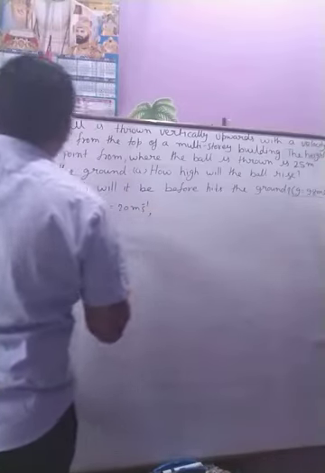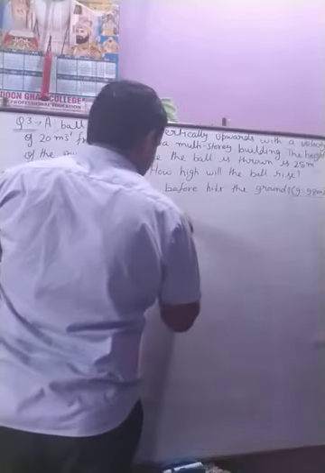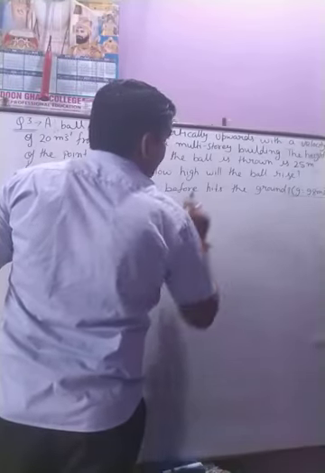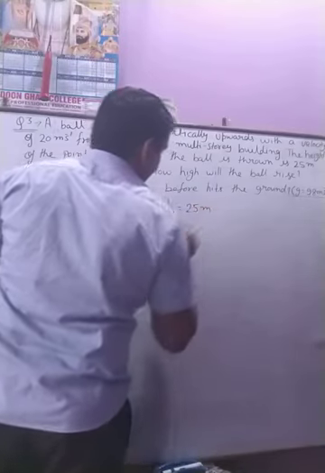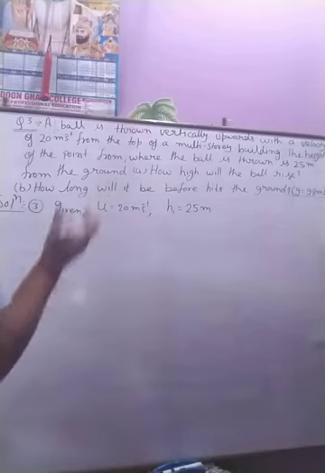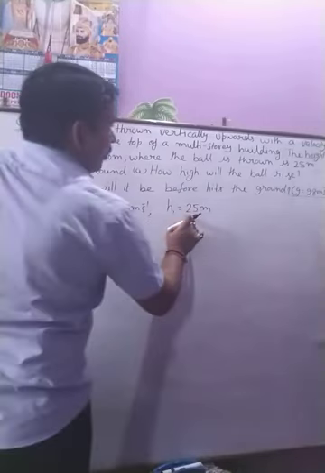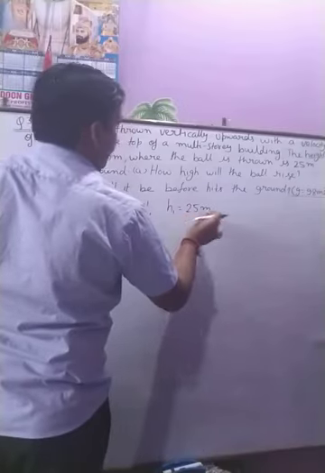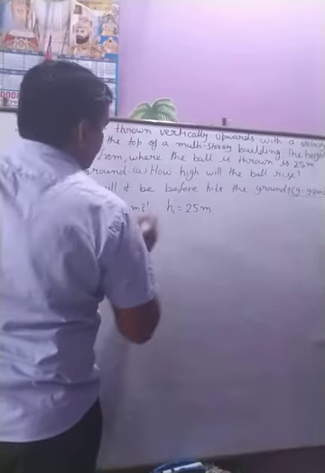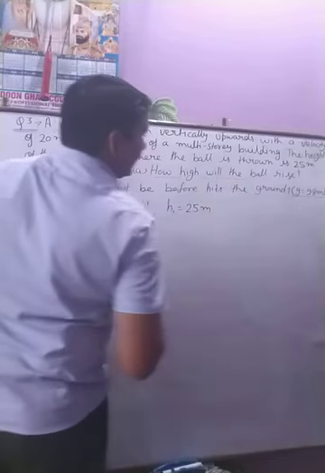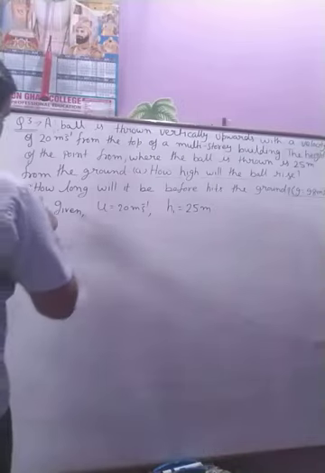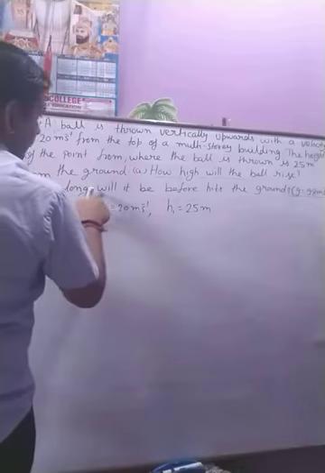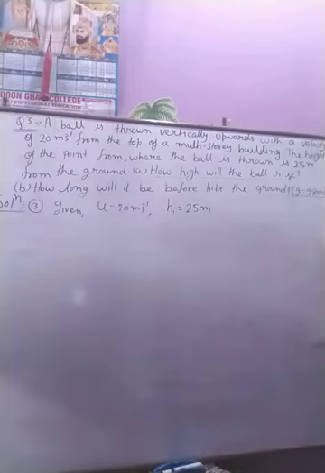Next, height h1 is 25 meter, because it is thrown vertically upward from a height of 25 meter from the ground. हमें इसमें कैलकुलेट करना है कितनी ऊपर ये जाएगी, and second we need to calculate the time taken by it.